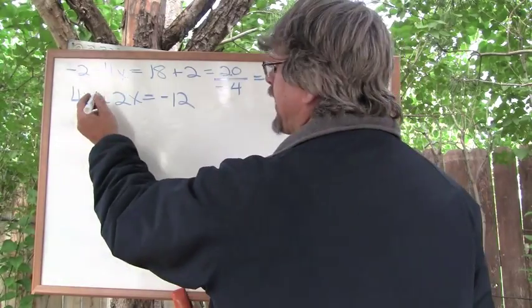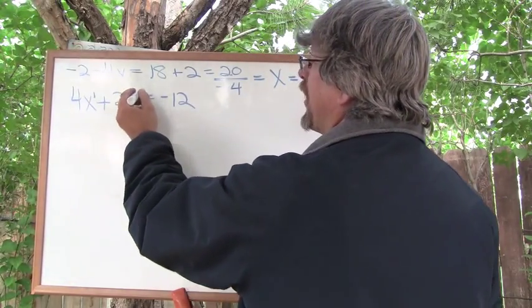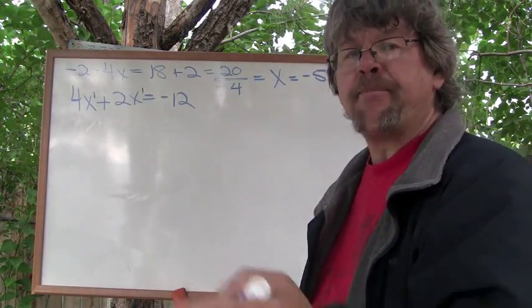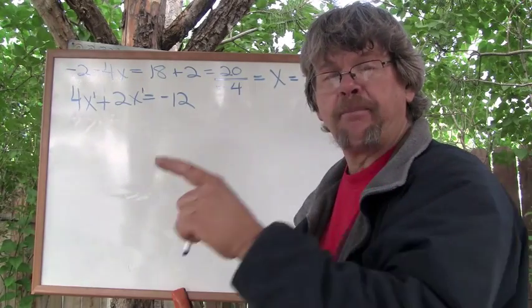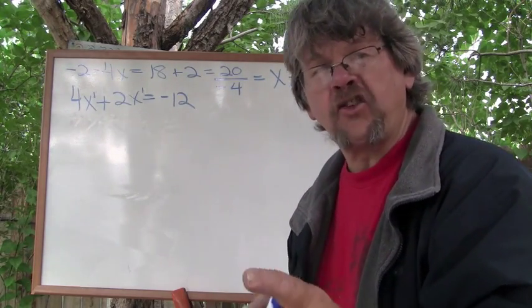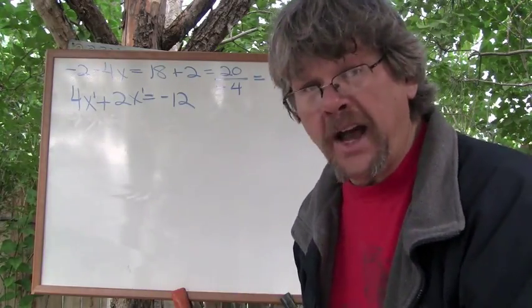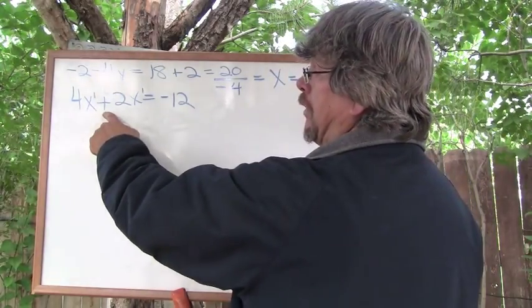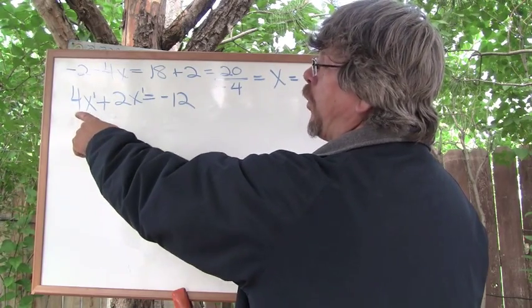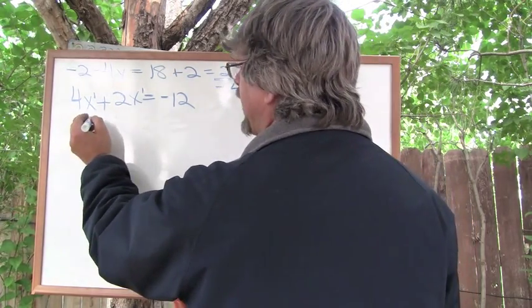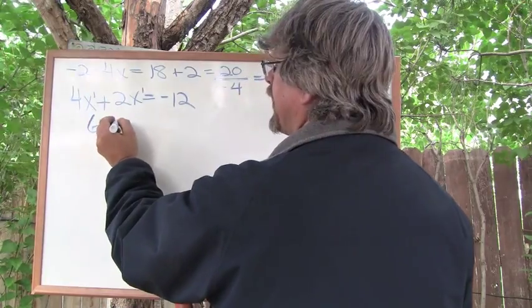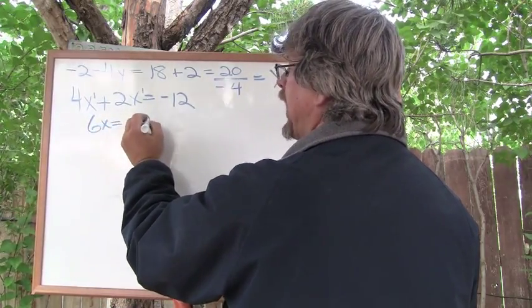These are both x to 1. Any variable that doesn't have a power number up in that little right-hand corner is assumed to be 1. It's just itself. Those are like terms, so we can add them together. So what's 4x and 2x is 6x equals negative 12.